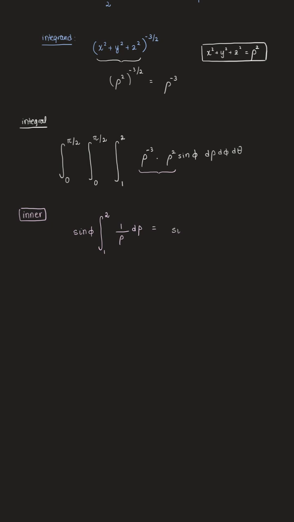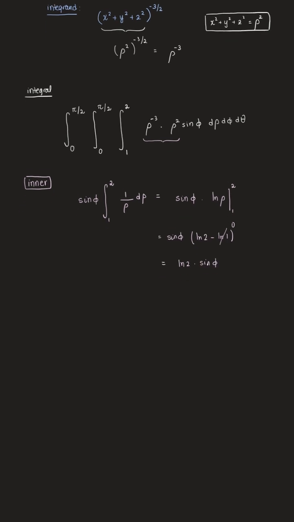So we have sine phi on the outside times the natural log of rho, and notice that our limits are both positive, so I don't need the absolute value, from 1 to 2. That is sine phi times natural log of 2 minus natural log of 1, and natural log of 1 is 0. So this will be natural log of 2 times sine phi.